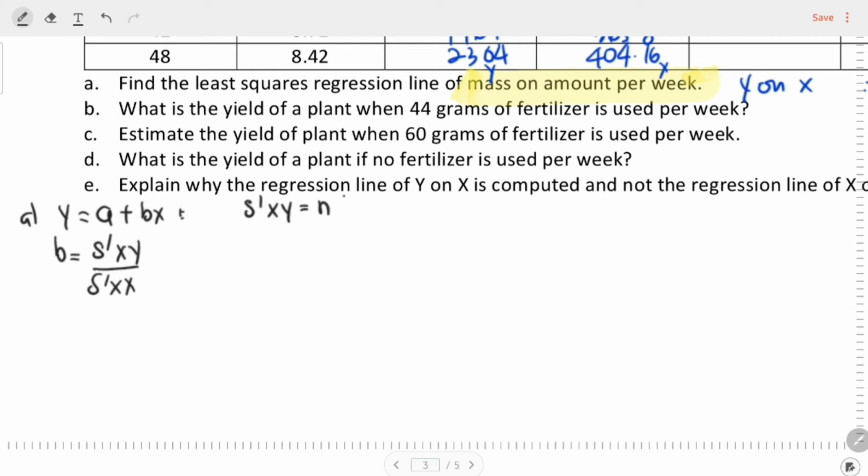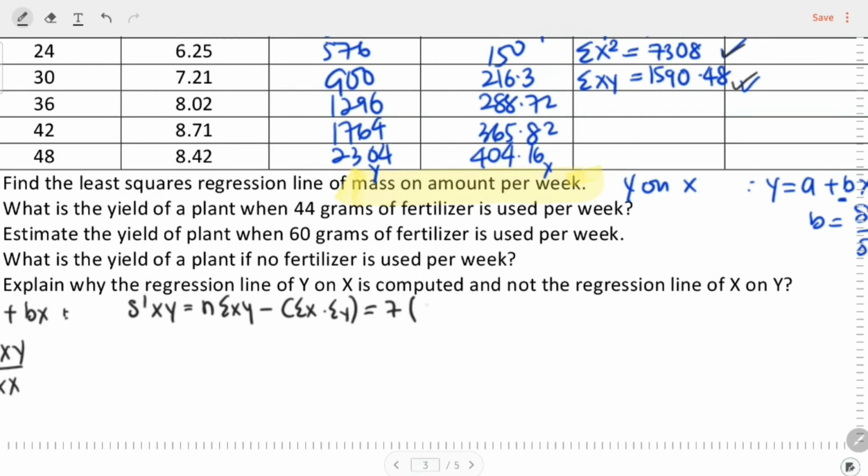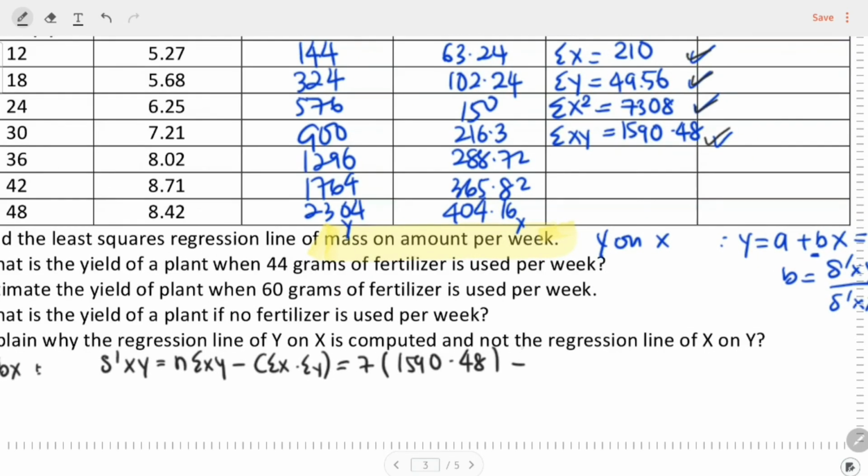So that is n sum of xy minus sum of x multiplied with sum of y. With 7 samples, the sum of xy is 1590.48, minus sum of x, 210, multiplied with 49.56, which is equivalent to 725.76.